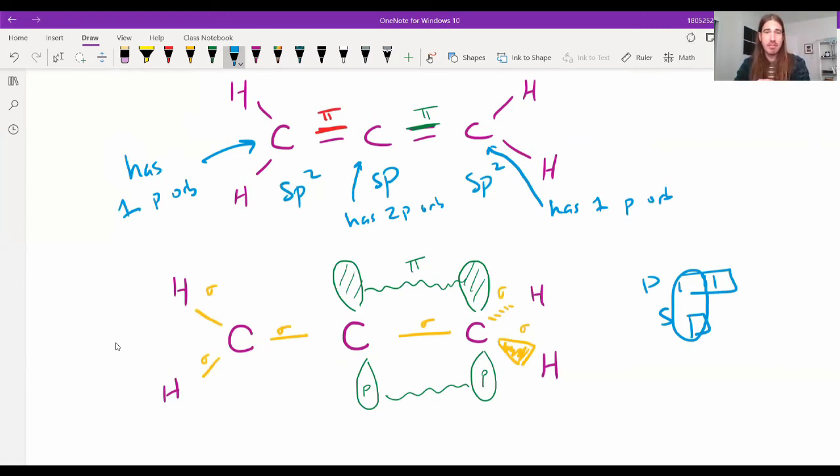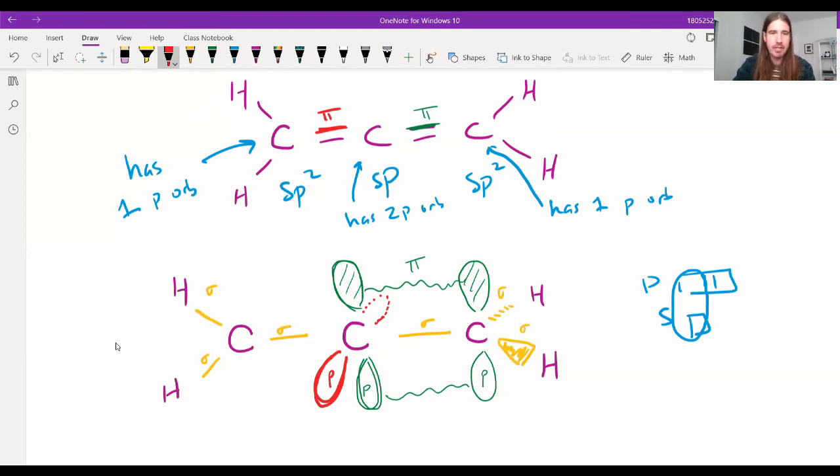How are those p orbitals related? Well, they have to be perpendicular, because by nature they're always perpendicular, like x, y, z. So if this green one in the middle is vertical, then the other one has to be the other way, which in this case is coming out of the screen and going into it. So this is our p orbital on the center that's perpendicular.